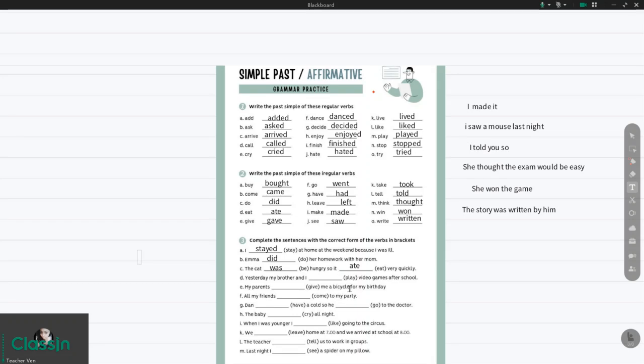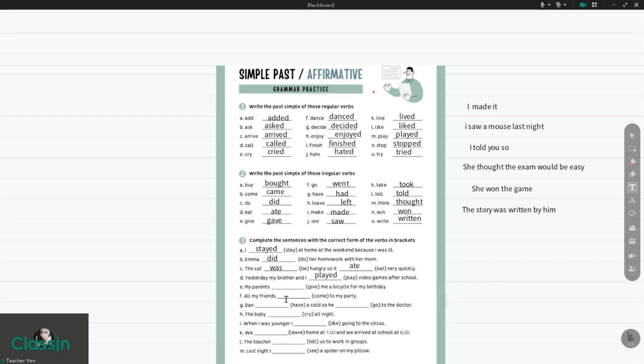Our verb here is play. What is the simple past form? Let's find it here. Letter M, it's here. Play is played, right? It becomes played. So we can write here the word played. Perfect. Okay, let's read. Yesterday, my brother and I played video games after school. Sounds correct, right? Good.